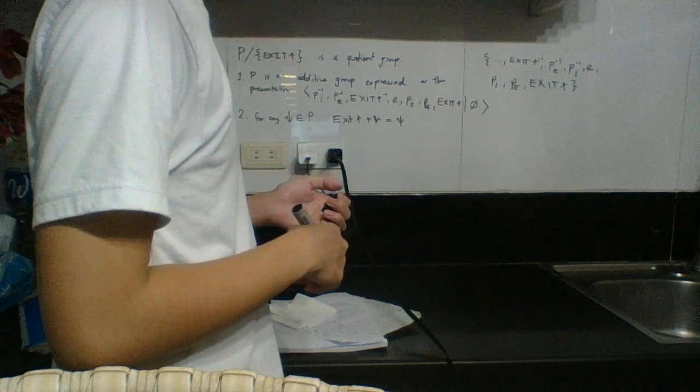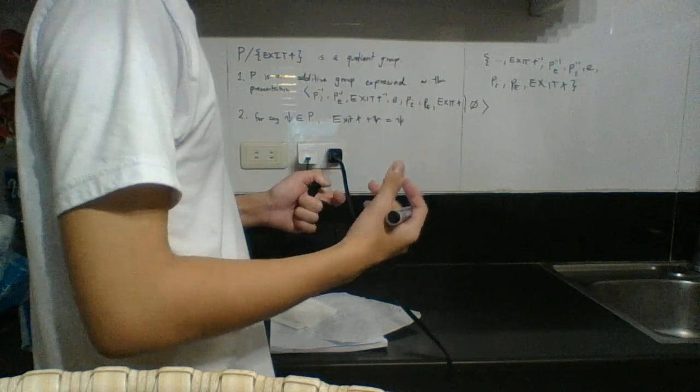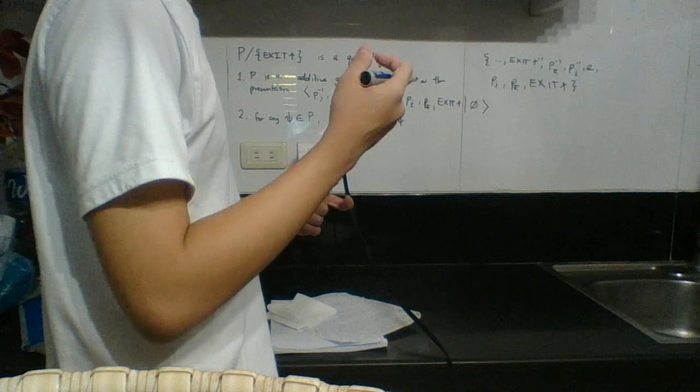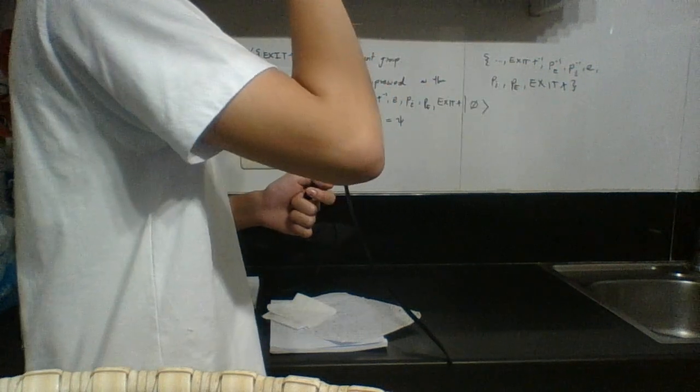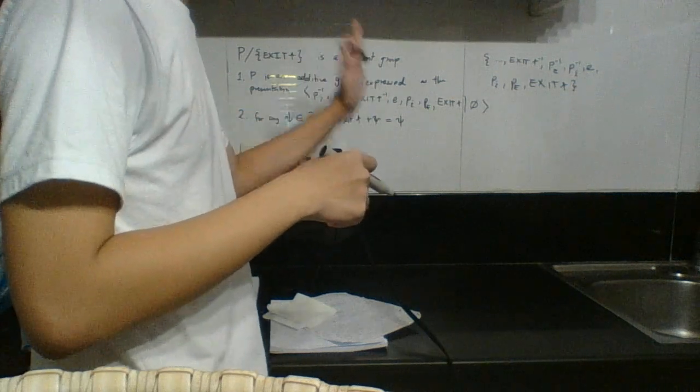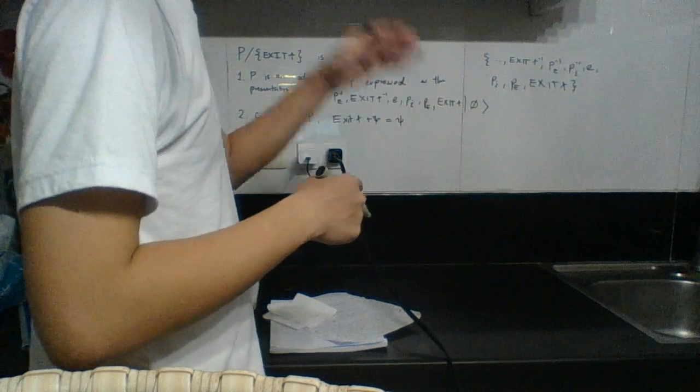So exit up arrow is somewhat of an identity, but we also want to make a distinction that it is not an identity, all right? What we want is that it absorbs elements, just like the identity element E, but it is not the same as E on the nose. It's distinct from E, but it acts like E.